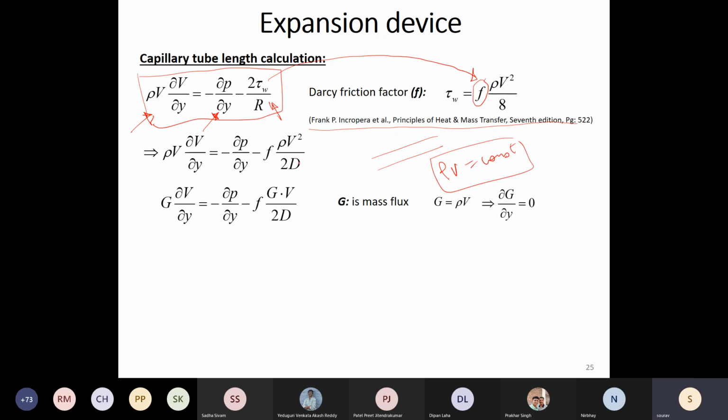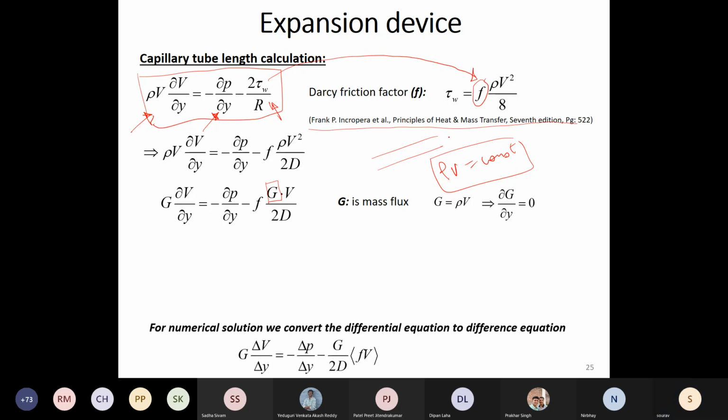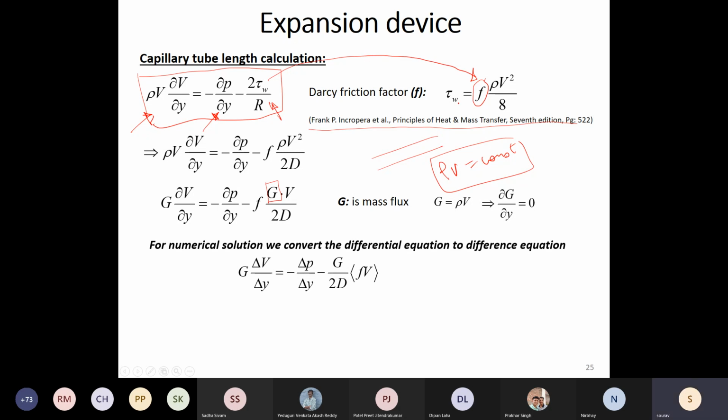So that's why wherever rho into V is there, I have replaced it with the expression G, where G is equal to rho into V. And then in order to solve this PDE, I will now use a finite difference method, where instead of writing this differential equation, I will convert this into a difference equation so that it becomes an algebraic equation, because ES will be able to solve the algebraic equation.